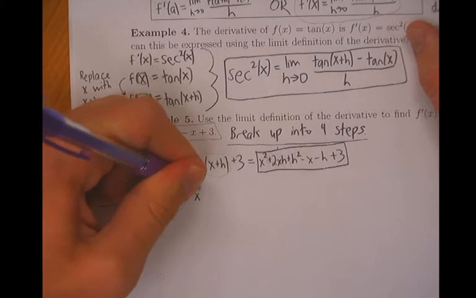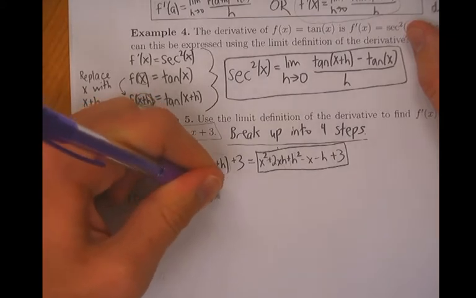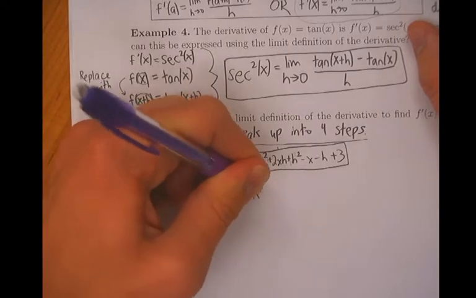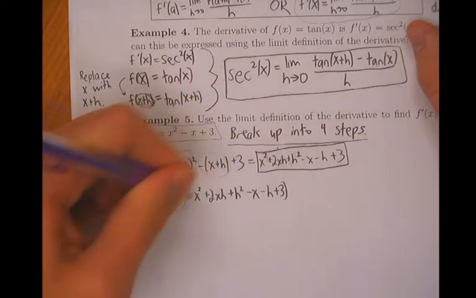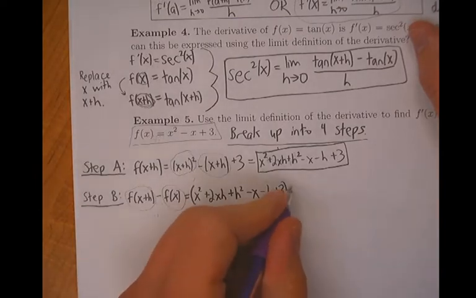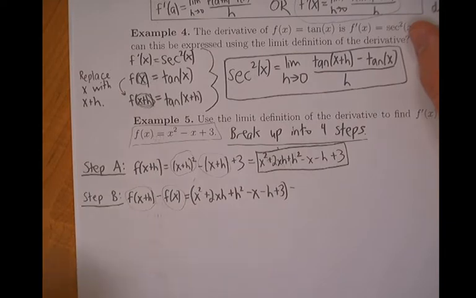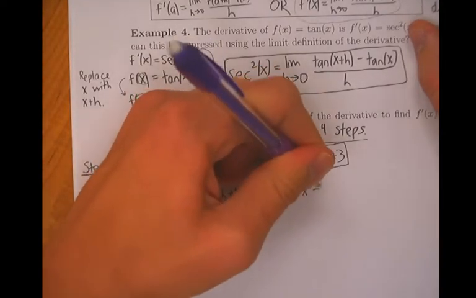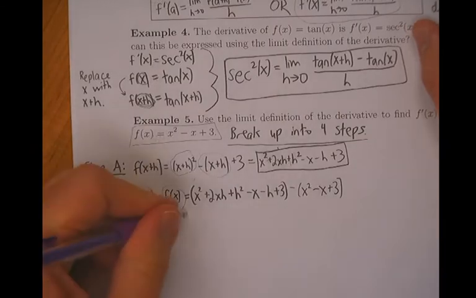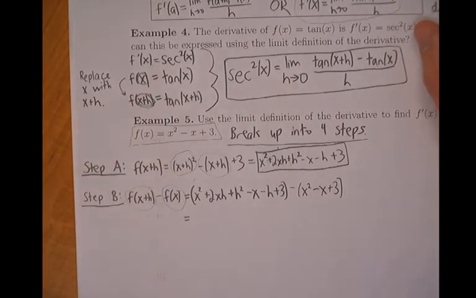So we have x squared plus 2xh plus h squared minus x minus h plus 3, that's f of x plus h, and then we subtract our original f of x, so x squared minus x plus 3. Okay? If we get rid of common terms, what expression should we end up with?